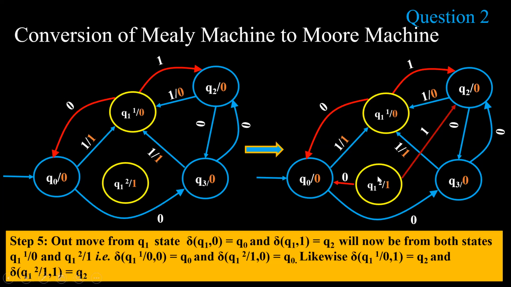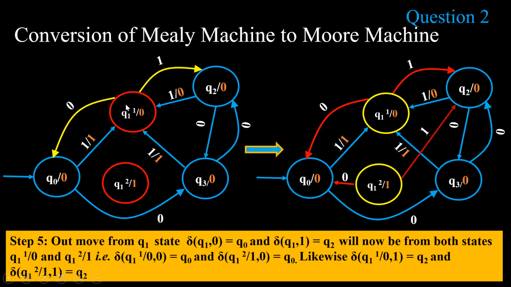We will take these 2 moves and give the same 2 moves to both states. So now instead of the 2 moves which we had earlier, we will have 4 moves. Initially it was Q1 to Q0 on 0. Now Q11 and Q12 both on 0 will go to Q0.